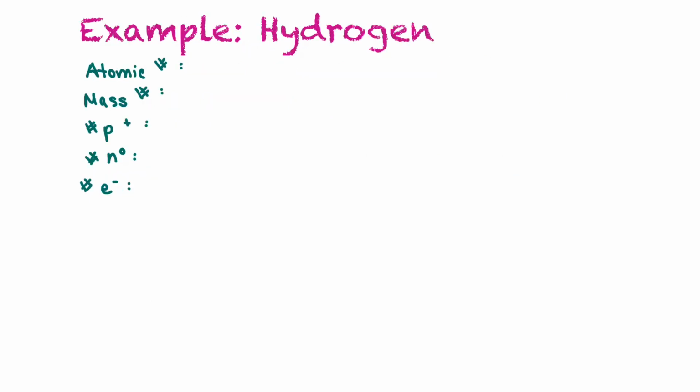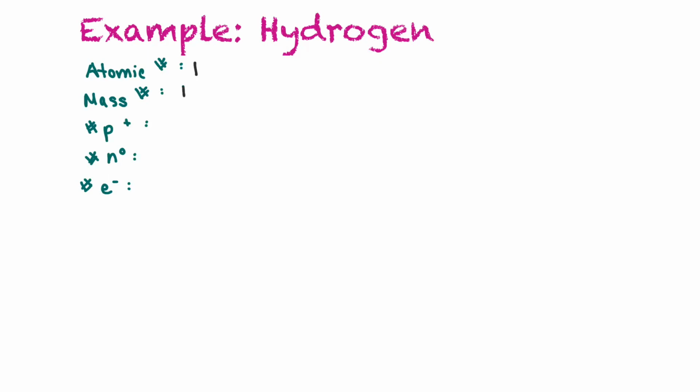Okay, so we're going to do the Bohr diagram for hydrogen first. So again, we're going to have to go back and take a look at the atomic number and the mass number to figure out the number of electrons and protons and neutrons. So our atomic number for hydrogen is the first element. So it has 1 for the atomic number.